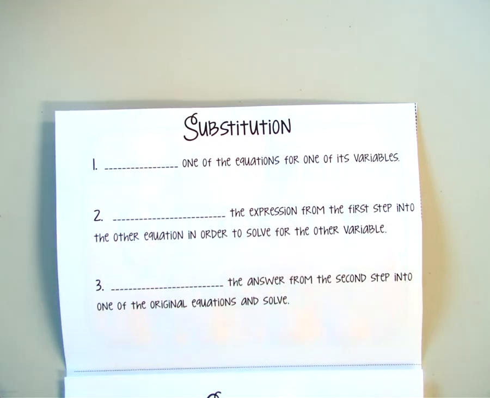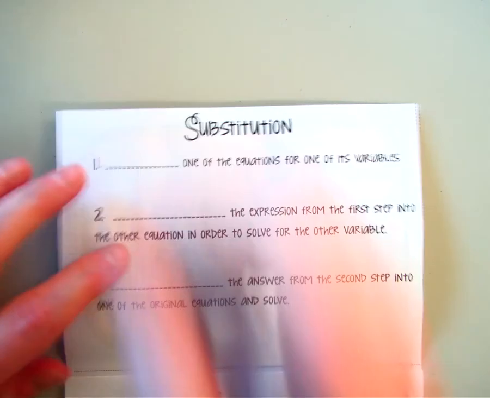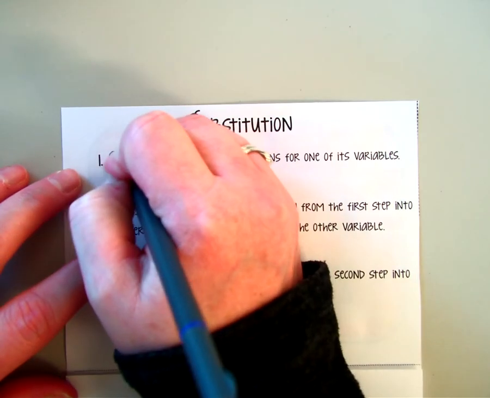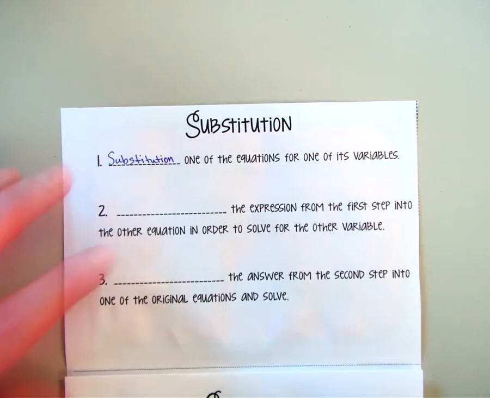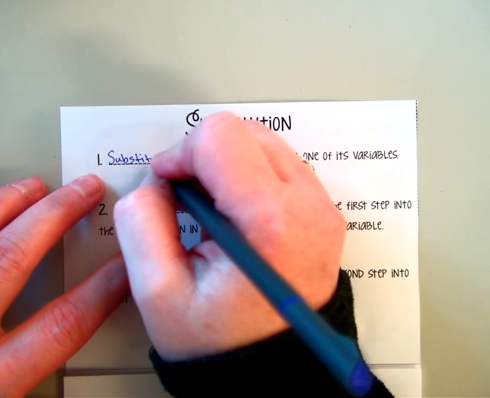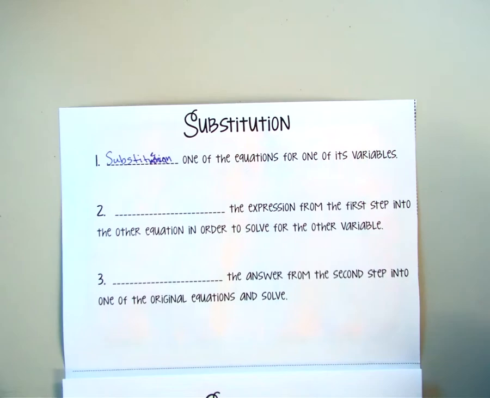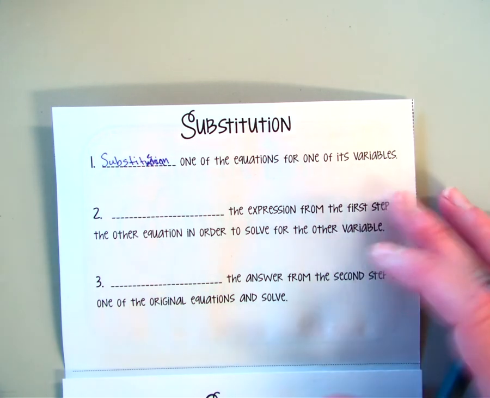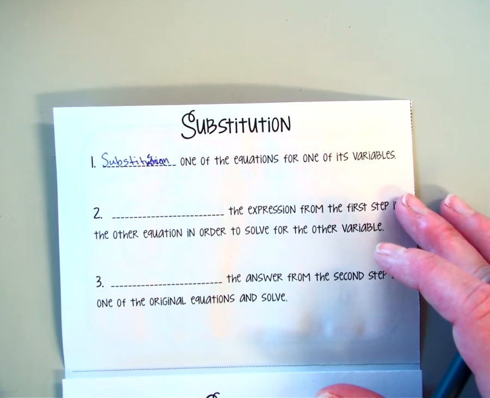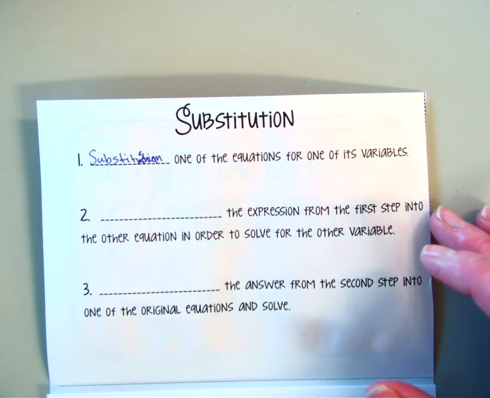So different ways that we can solve is by using the substitution method. You can substitute one of the equations for one of its variables. So you're going to rearrange an equation so you have a y equals or an x equals, and then you're going to plug whatever it equals into the other equation.